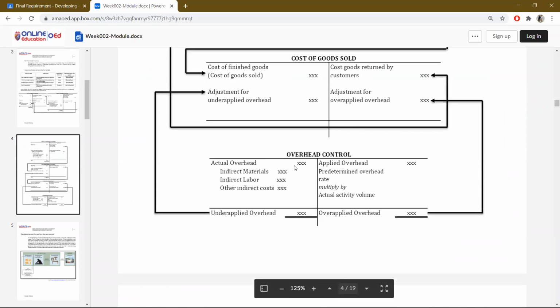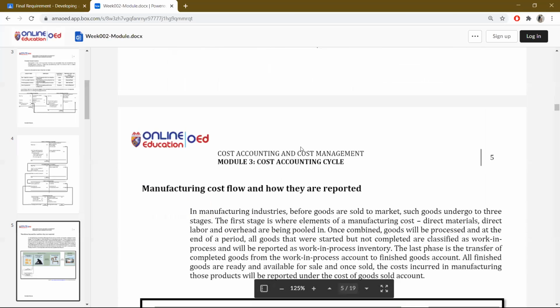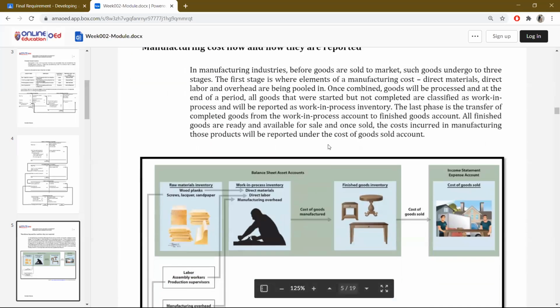Okay. So overhead control, this is how to record the over-applied and under-applied overhead. We will discuss that later. Just a glimpse of the T account for now. You will see this again when we deal with problem solving. Okay.